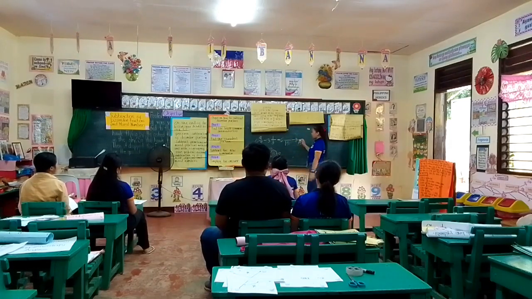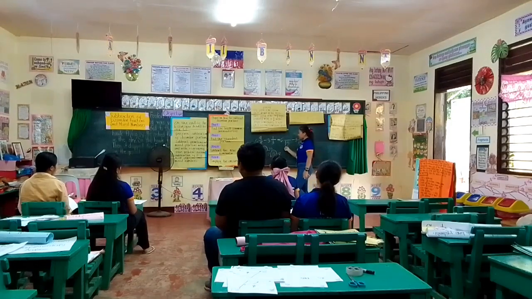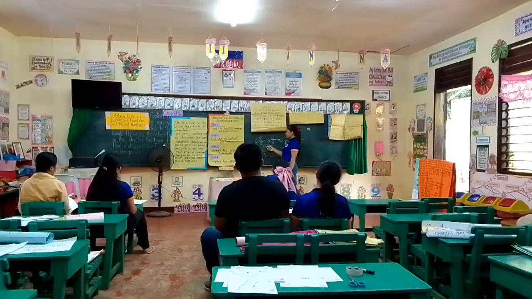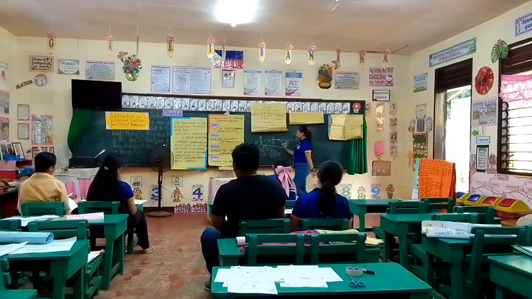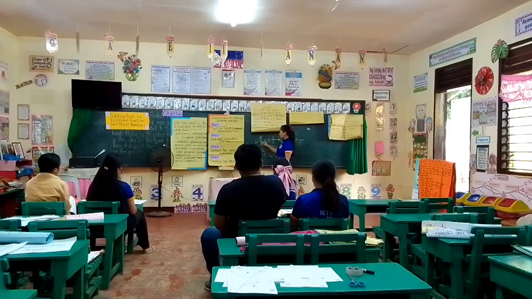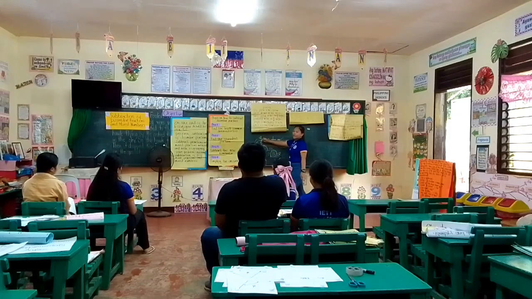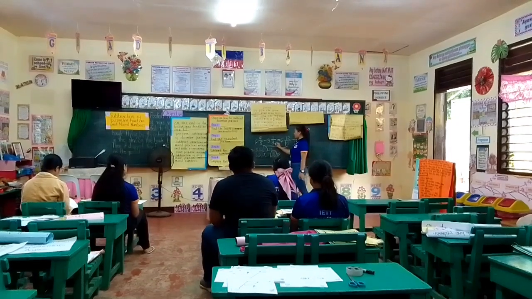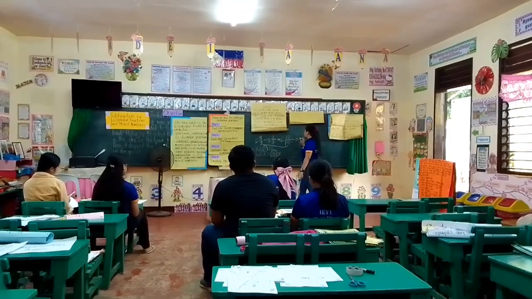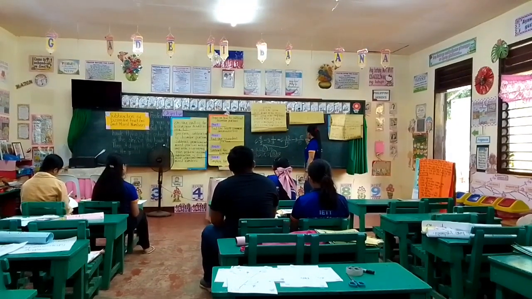So same lang yaman siya kaganina. Ang new denominator, i-divide niyo siya sa old denominator. So 15 divided by 5 equals 3, times 4, 12. 15 divided by 3 is 5, times 1, 5.